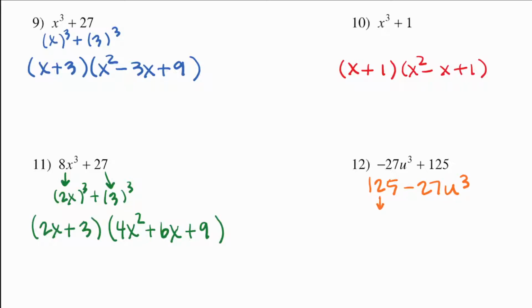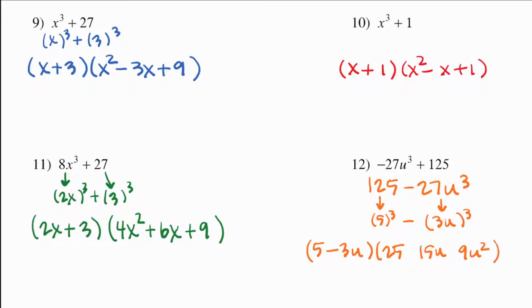So here this is 5 to the third, and this is going to be 3u to the third. And so I'll have 5 and 3u with the same sign, then 5 squared. 5 times 3u is 15u, and 3u squared would be 9u squared. Okay, so I have the same sign here, opposite sign there, this is always positive, and there I've got it factored.